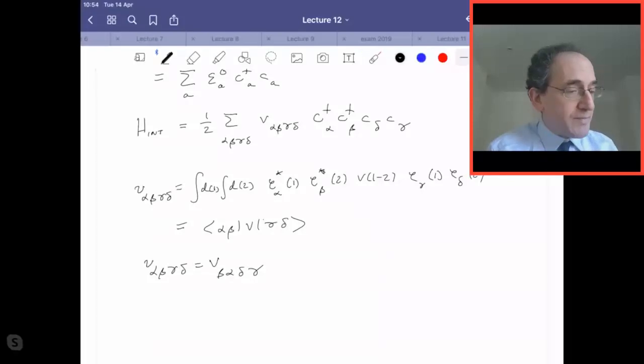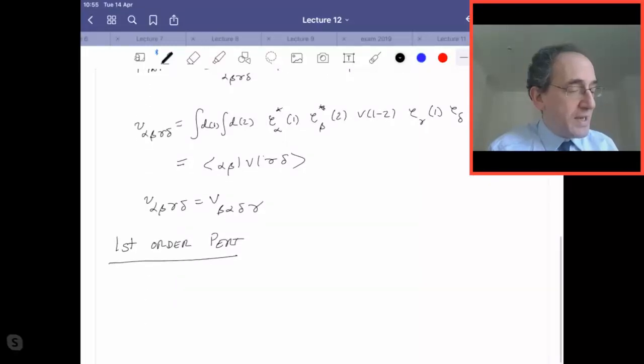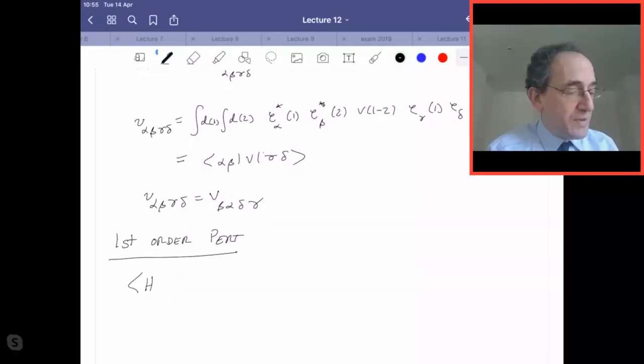Anyway, in last lecture, we did first order perturbation theory, where we just calculated the expectation value of the interaction Hamiltonian.